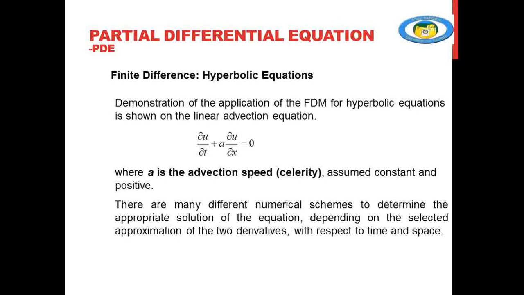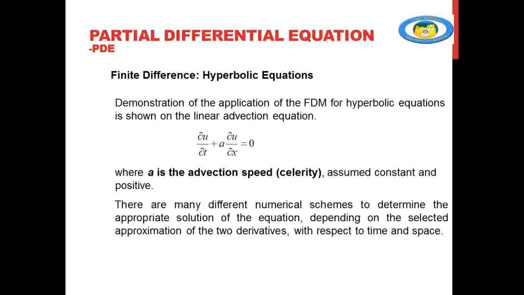Here we talk about hyperbolic equations of first order. You can also talk about hyperbolic equations of second order, but due to its very common use and application, we are going to focus on hyperbolic equations of first order. So here we talk about the pure advection equation.